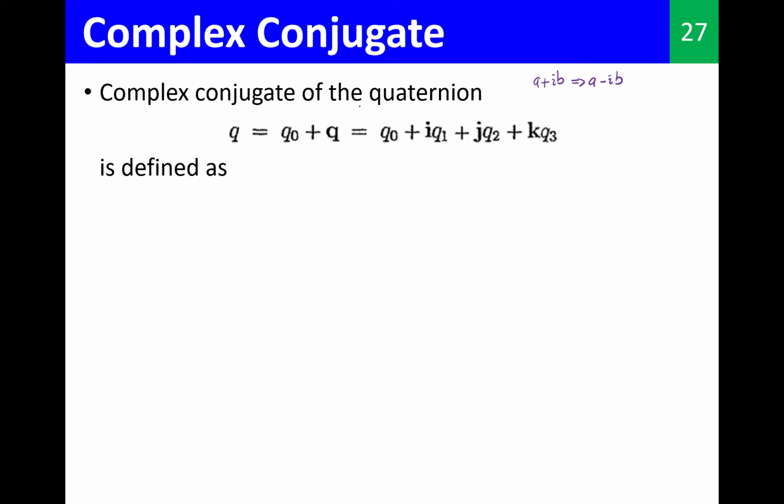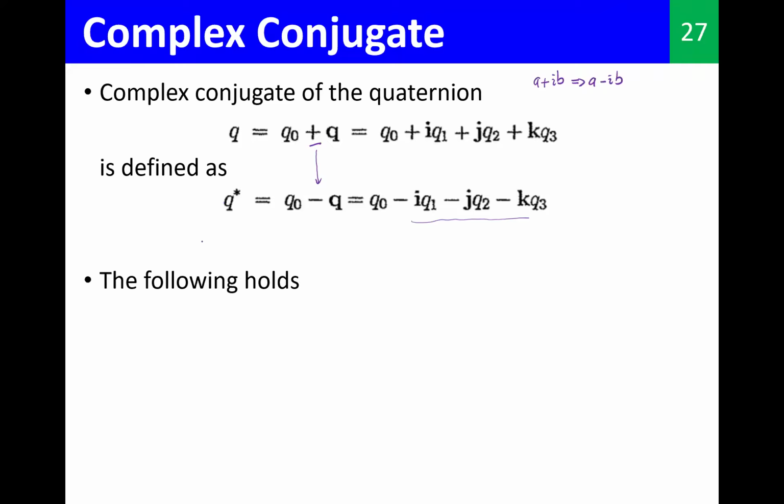So in that, we give an asterisk, so star, Q star is just the minus of this one, right? Similar to the complex conjugate of complex numbers we know, right? So the vector part would become minus, as you can see, right?